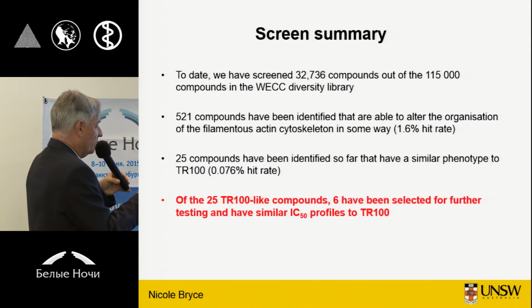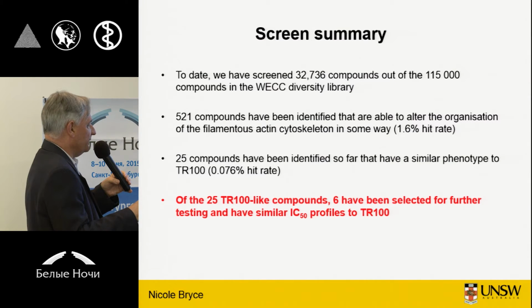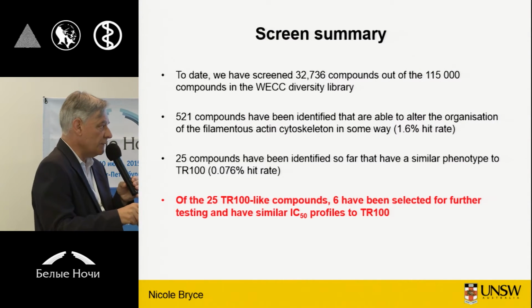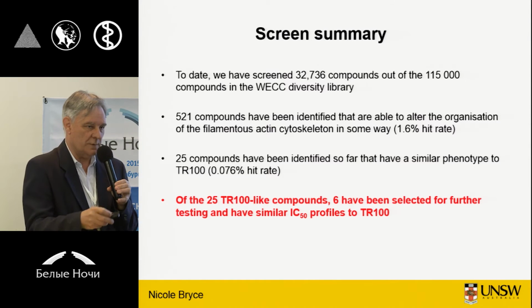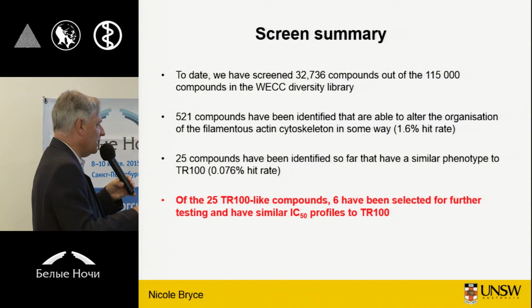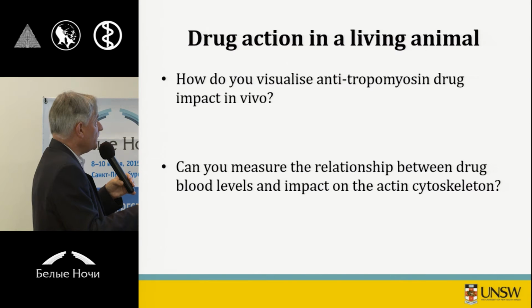Of these, we've identified 25 compounds that have a very similar phenotype to TR100, but most importantly, of the 25 TR100-like compounds, 6 have been selected for further testing, and they actually have very similar IC50 profiles to TR100. So we think we've now got a drug pipeline that we can use to develop new classes of anti-tropomyosin compounds which can come behind TR100.